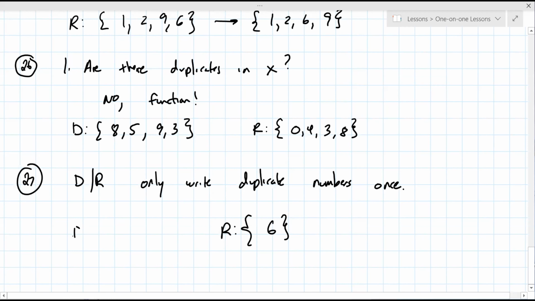What is the domain for 27? 7, 1, 2, and 3. You have to put a comma between the numbers, and use curly braces. We didn't say it, but this is a function.